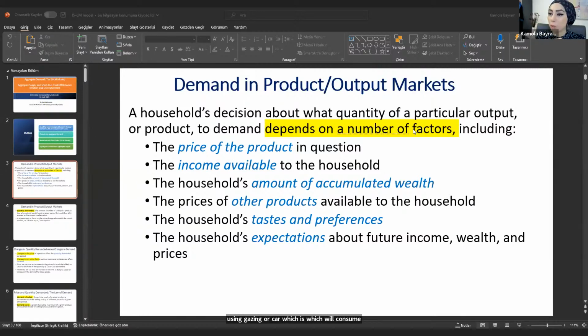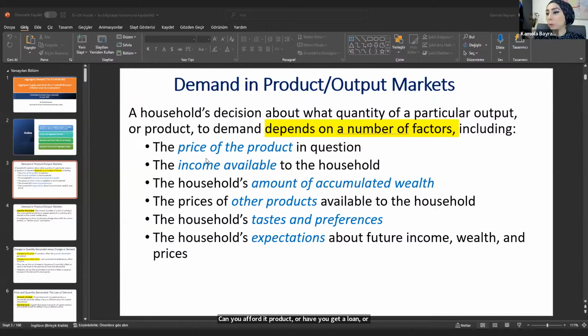It's not just your preference. First, it is the price of the product in question. Can you afford that product, or can you get a loan or financing to afford it? So the first thing is the price of the product.